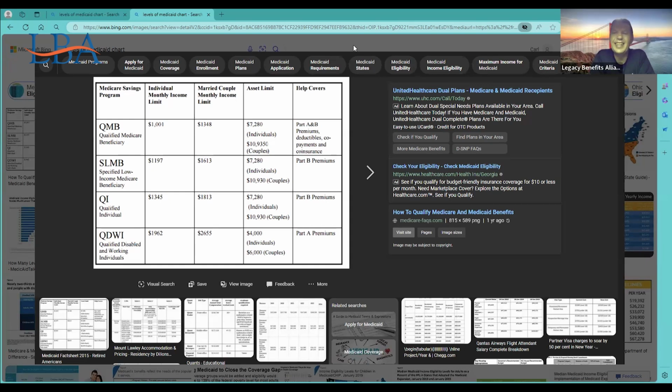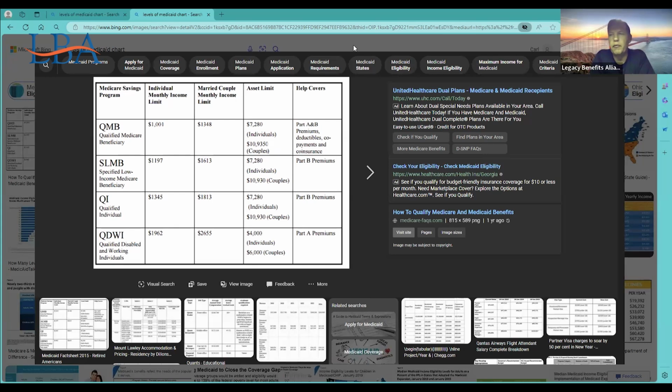So SLMB and QI1 technically, for most people, can be viewed as the same thing, except there are different income requirements, right? What does it do? It pays the Part B premium. That's pretty much all it does, unless you find a plan that says differently. Now, you might find a plan that says this plan will pay any premiums and co-insurances for people who have SLMB or QMB, right? If you find a plan like that, then everything it says for the cost structure will be true.